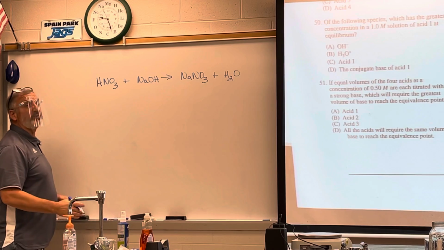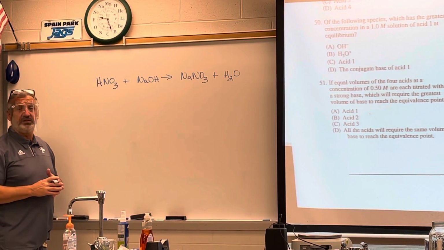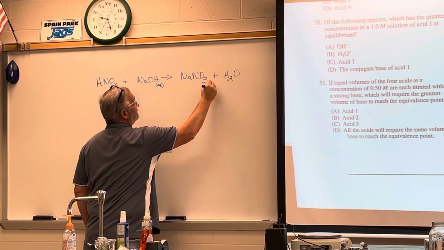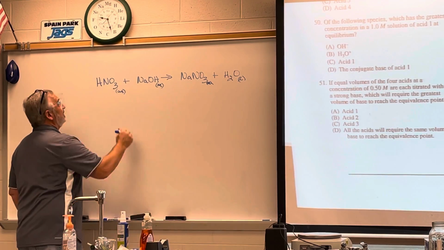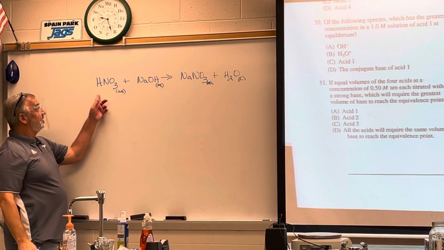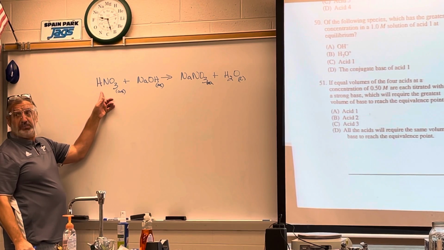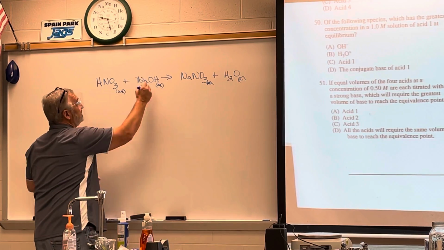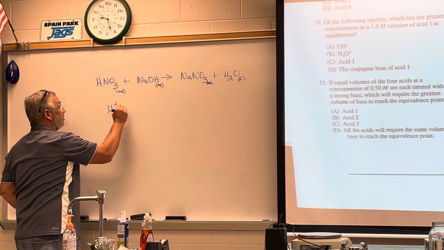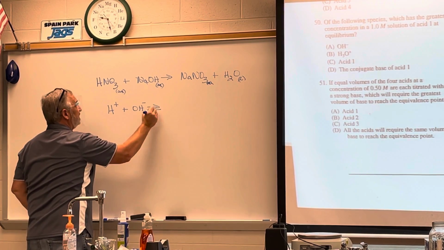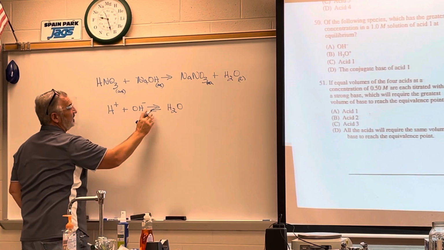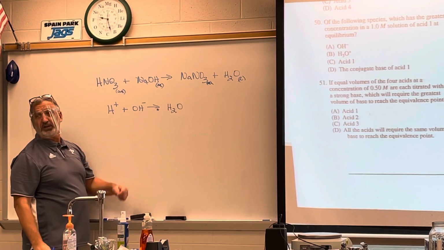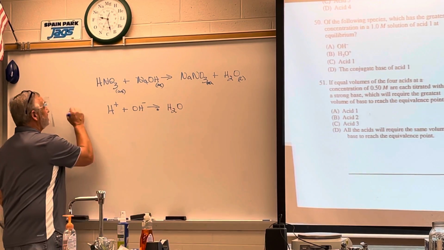Now, if I wanted to write the net ionic equation for this: aqueous, aqueous, aqueous, liquid. We know that since this is a strong acid, it's going to ionize 100%, right? So it's going to break apart. This is going to break apart. This is going to break apart. So these are my spectators. So I'm going to have H plus OH minus going to H2O. A lot of times you can do it like this because it's going to go so much to the right. So this is the net ionic.